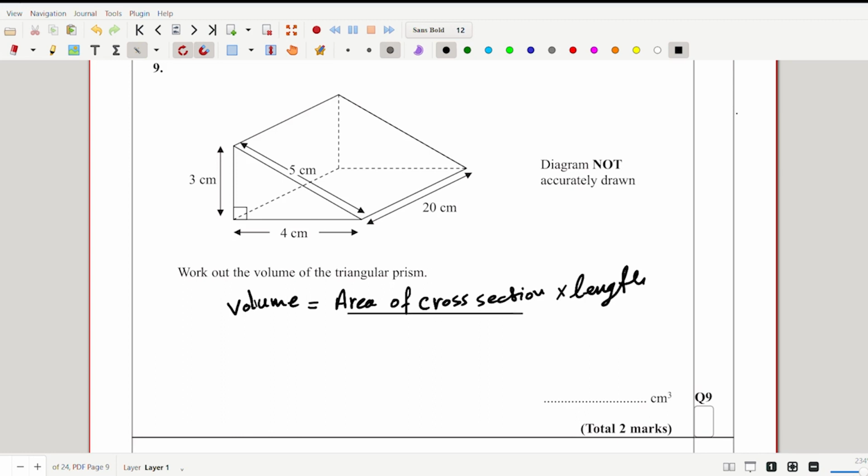Here the area of the cross section is a triangle, so half times the base 4 times the height 3, times the length, which is 20 here. So we'll get 6 times 20. Half of 4 is 2, and 2 times 3 is 6. So the answer is 120 centimeters cubed.